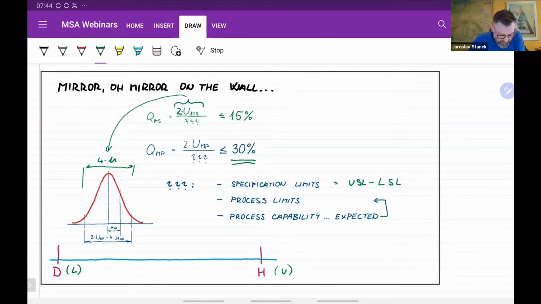The measurement system is half of that. The reason for this is to be able to make a decision about a measuring device which you don't have at hand.